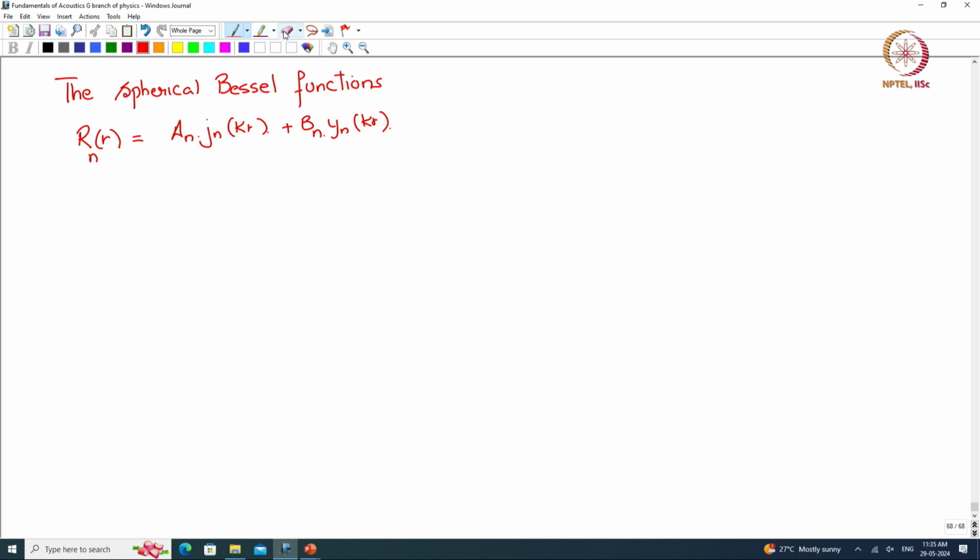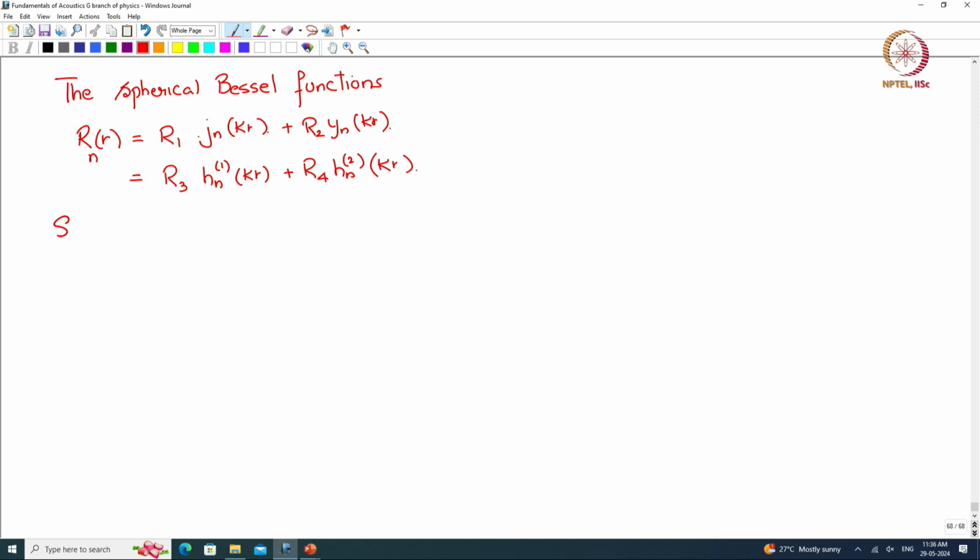Or R1, R2, or R3 spherical Hankel function of the first kind plus R4 spherical Hankel function of the second kind. So, we will look at these spherical Hankel functions. They are related to the cylindrical Hankel functions.